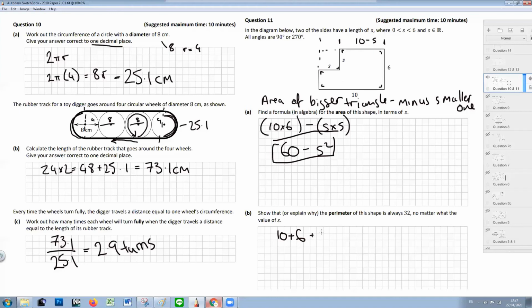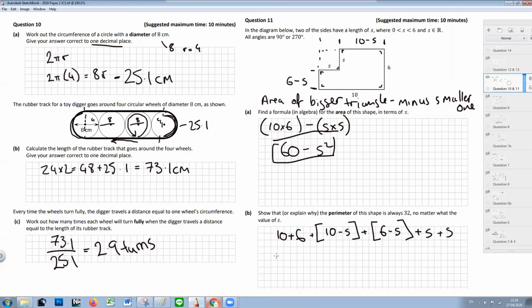So plus 10 minus s plus, I'm going to go down this way now, and that's going to be 6 minus s. So this length is now 6 minus s, and then plus s plus s.